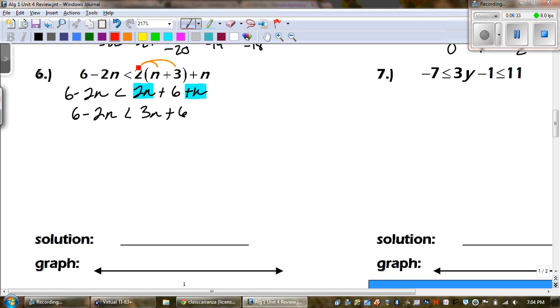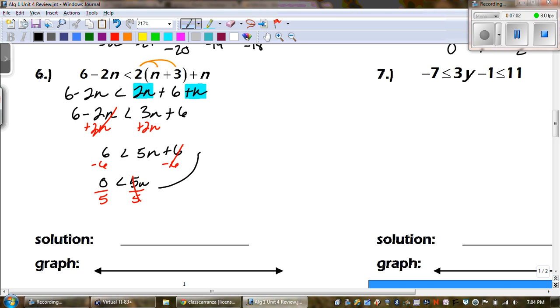Now, at this point, we want to move the smaller variable, okay? So I'm moving the negative 2 by doing the inverse, so I'm adding, and we get 6 is less than 5n plus 6. I'm subtracting the 6. And now I need to divide by 5.